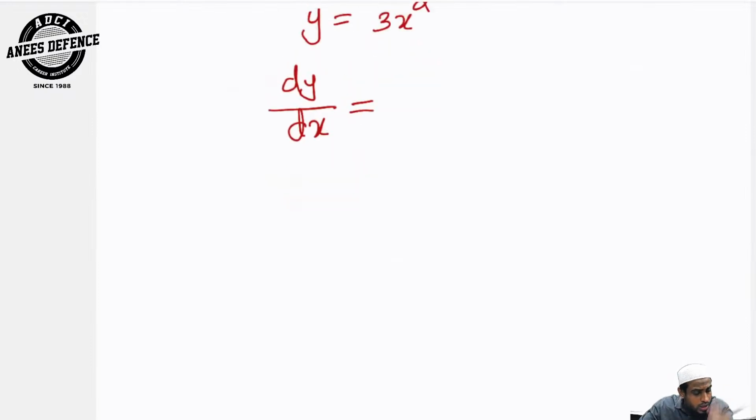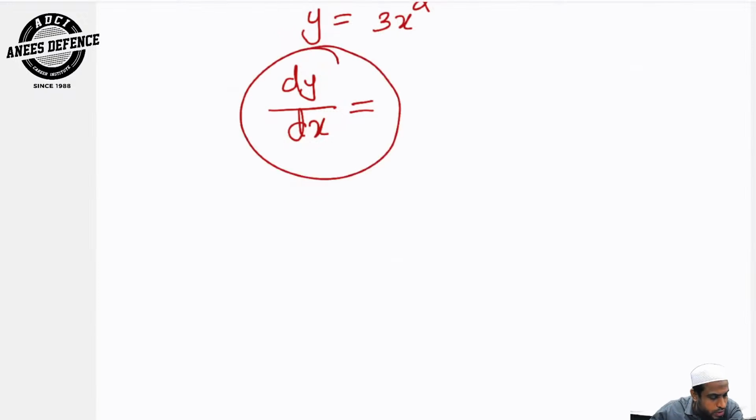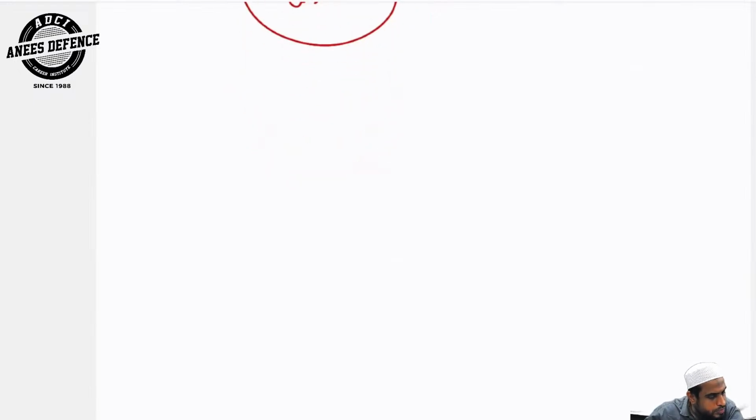Understood? That is represented as dy by dx, or the derivative of y with respect to x. Do you know how to calculate the derivative of x square?